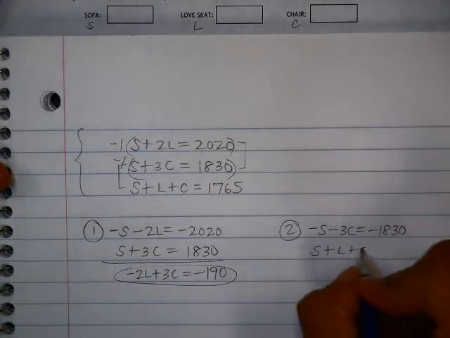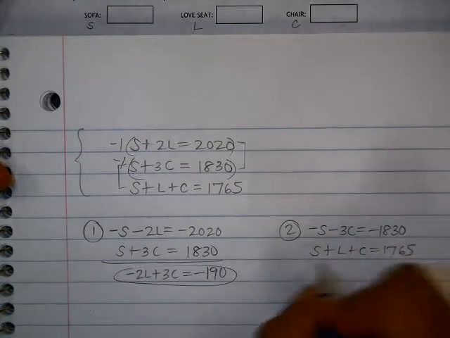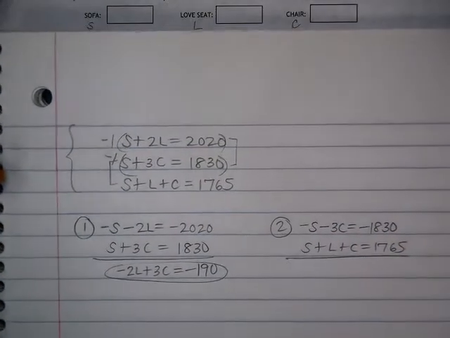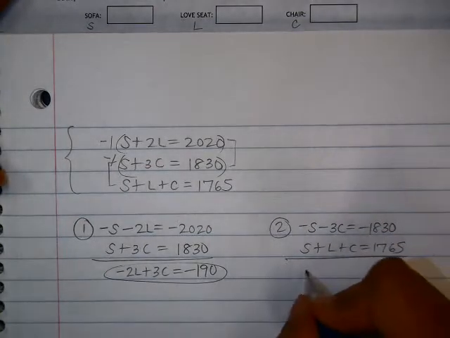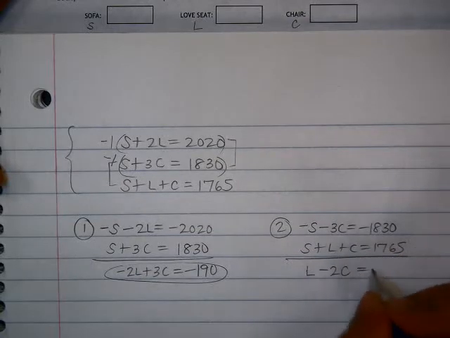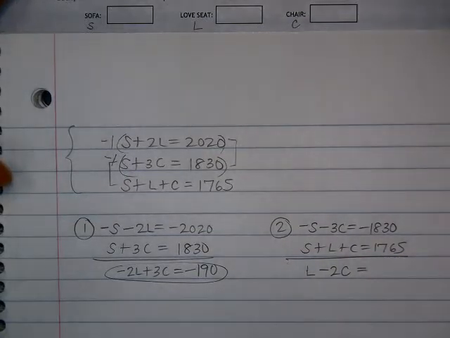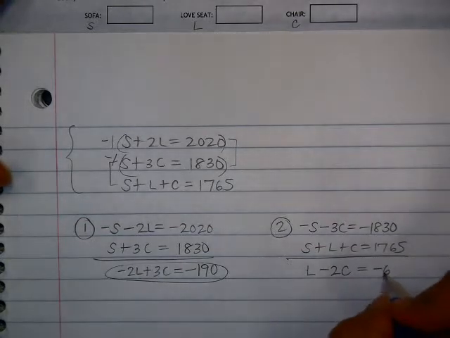S plus L plus C equals 1765. So adding those together, the C's, if we combine like terms, add up to negative 2C. And the L is by itself. And then negative 1830 plus 1765 is negative 65.